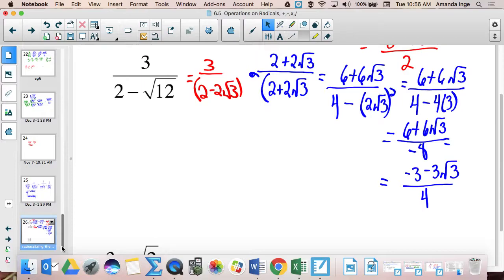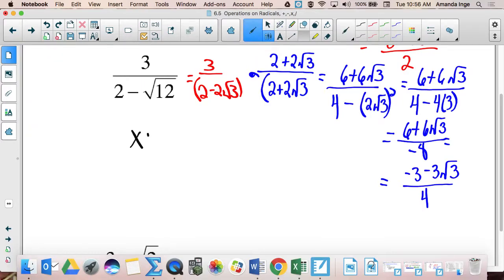What page is the homework on, y'all? 319. It's problem number 51. That's not right.